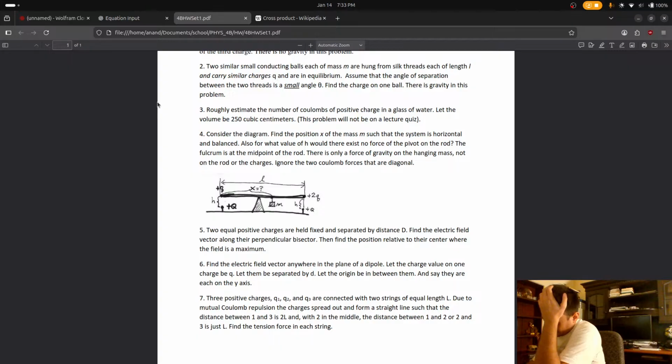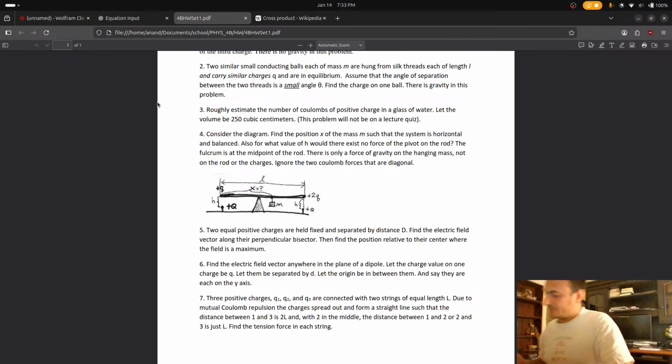All right, we have our equations. Now we get to sum them up and set them equal to 0. Torque due to the right plus torque due to the left plus torque due to tension is equal to 0.